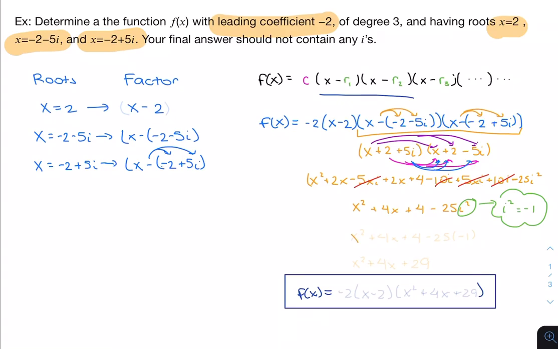So this is the same thing as saying x squared plus 4x plus 4 minus 25 times negative 1. Simplifying this, we just get x squared plus 4x plus 29. So our final function is negative 2 times x minus 2 times x squared plus 4x plus 29.